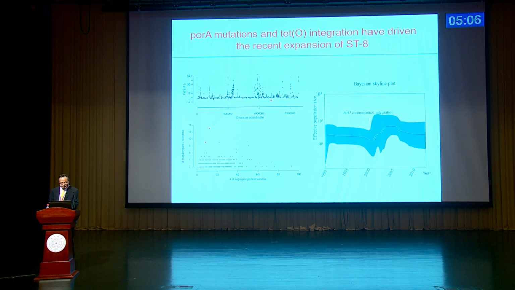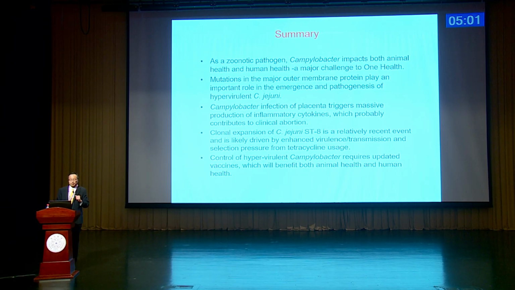So I want to summarize what I told you this morning. Definitely, as a zoonotic pathogen, Campylobacter affects both animal health and human health. It's truly a challenge for One Health. Mutations in the major outer membrane protein affect the virulence of Campylobacter jejuni. They convert Campylobacter from an enteric pathogen to a pathogen that can cause systemic infection as well as clinical abortion.